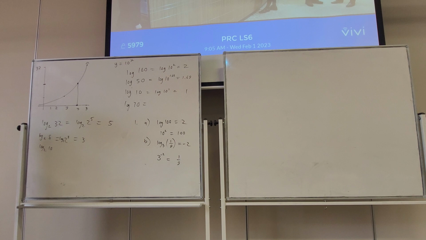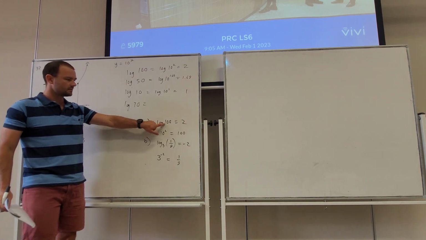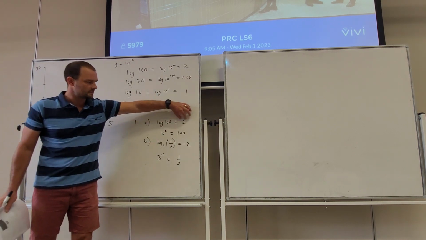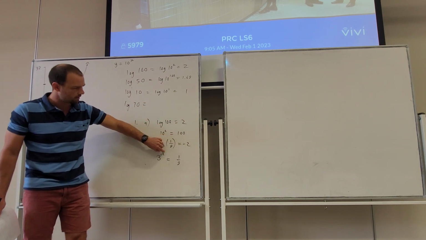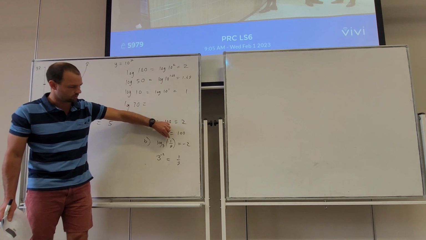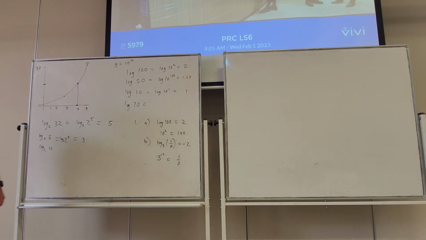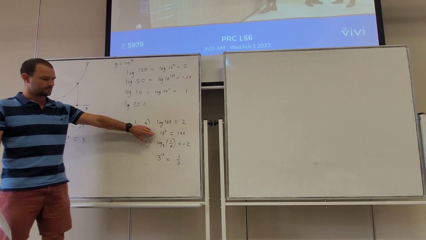So you can start to see where I'm getting those numbers from. The base goes there, this number is our power, and then here's what it evaluates to, 1 on 9. So that's just reflecting logarithmic statements to exponential statements.